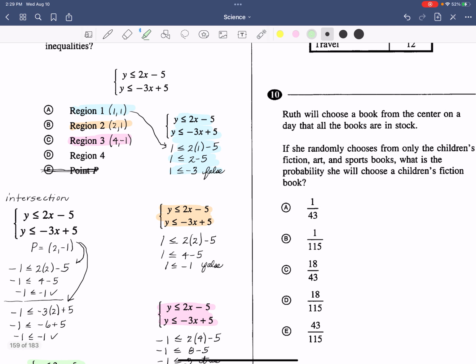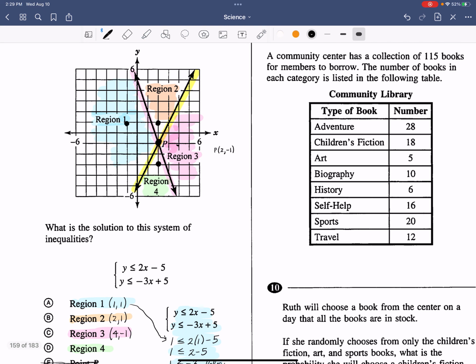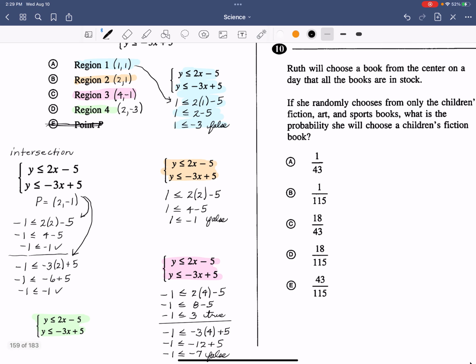And I need to pick a point in region 4. I like this one just because I can draw it easily. And that's going to be over 2 and down 3. So 2, negative 3. You can use any point in the region as long as it doesn't touch the equation lines.